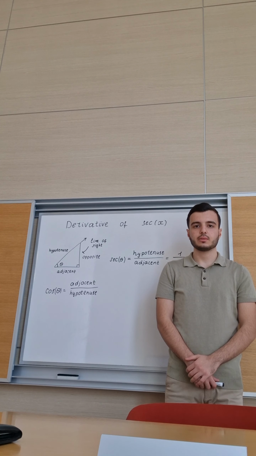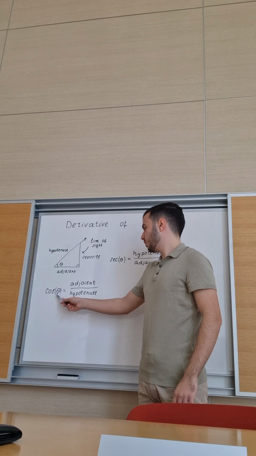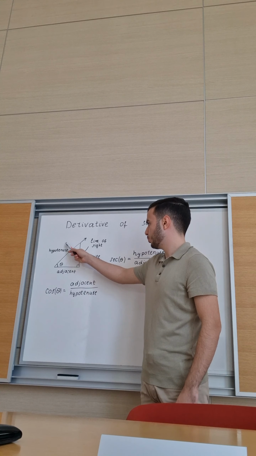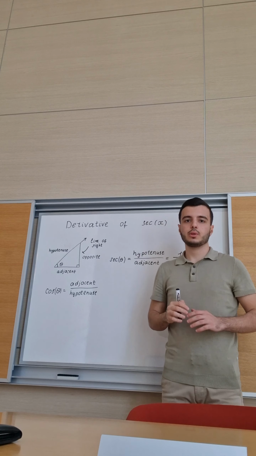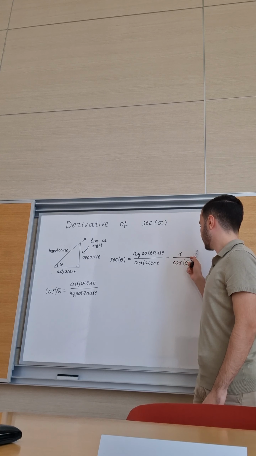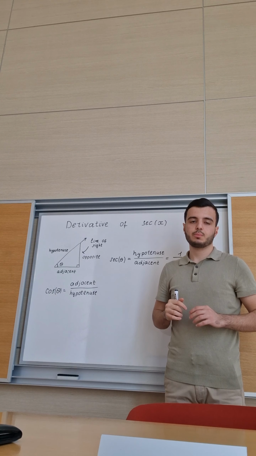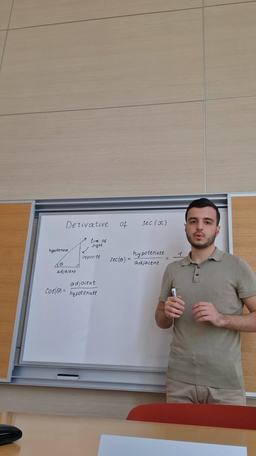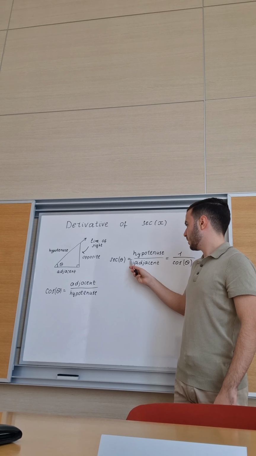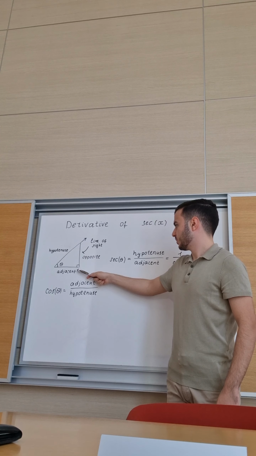In a right angle triangle, as you know, cosine theta is equal to the ratio of the adjacent leg to the hypotenuse. As we learned today, secant theta is equal to 1 over cosine theta. It means secant theta will be the inverse of cosine theta. So secant theta will be the ratio of hypotenuse over adjacent.